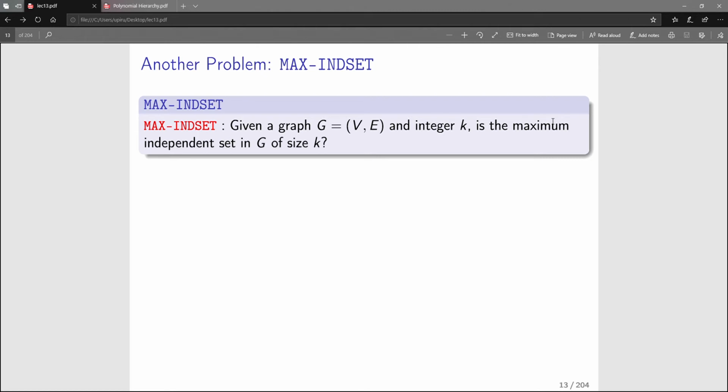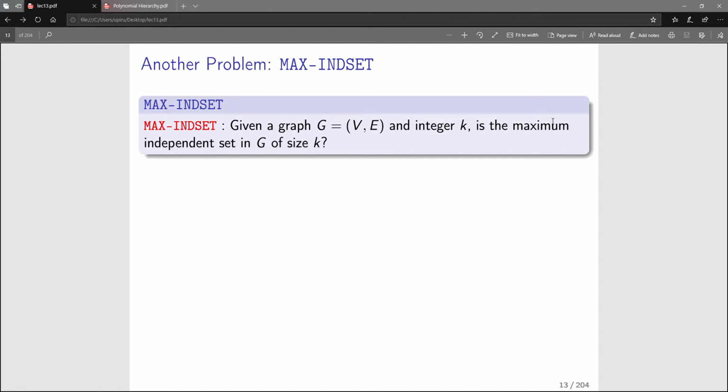So it should be maximal independent set in G. Your given problem is, you are given a graph G and integer K, and you have to find whether K is the maximum independent set size in G. What is the maximum independent set in G?